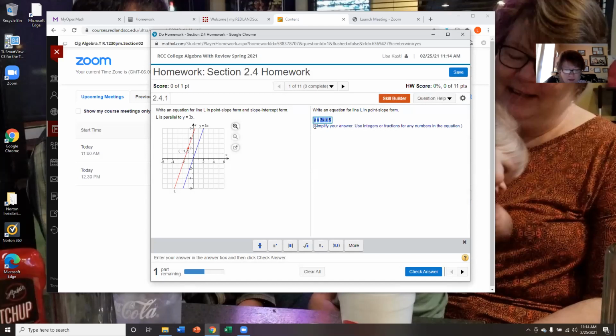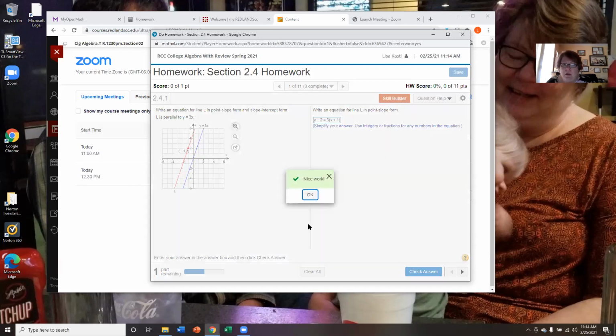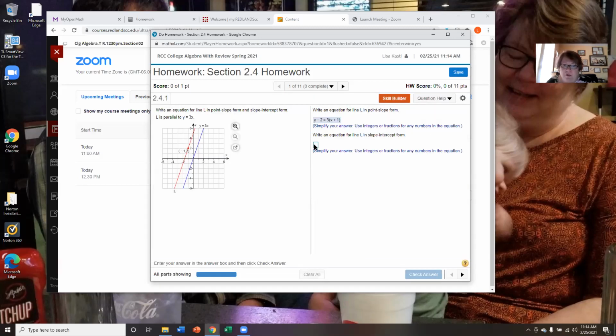So y minus 2 equals, and I'm not sure why this book does this, but it does, 3 parentheses, what was that, x plus 1? All right, and then slope intercept form, y equals 3x plus 5.